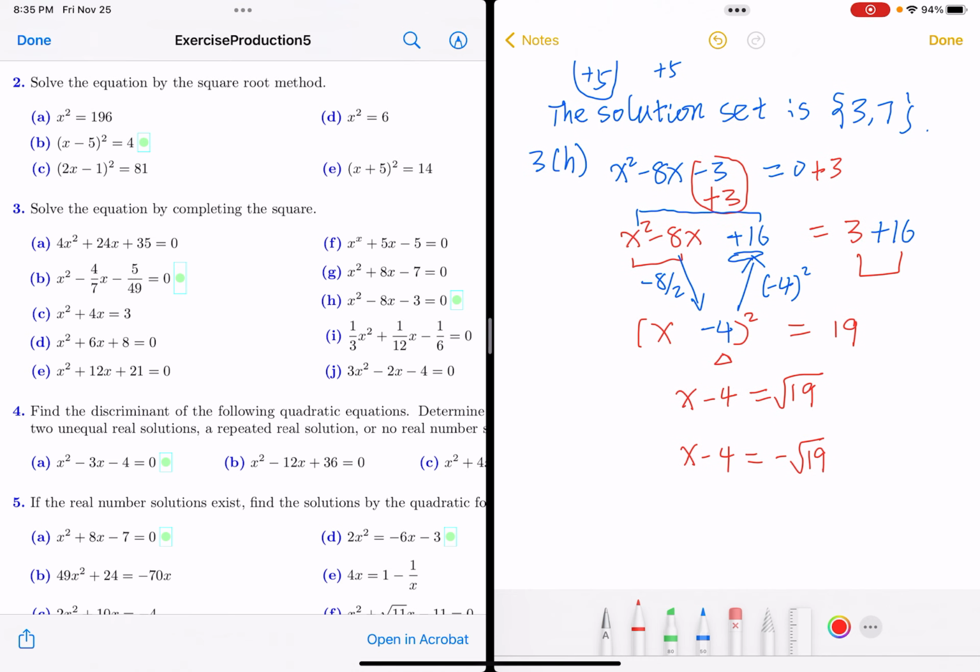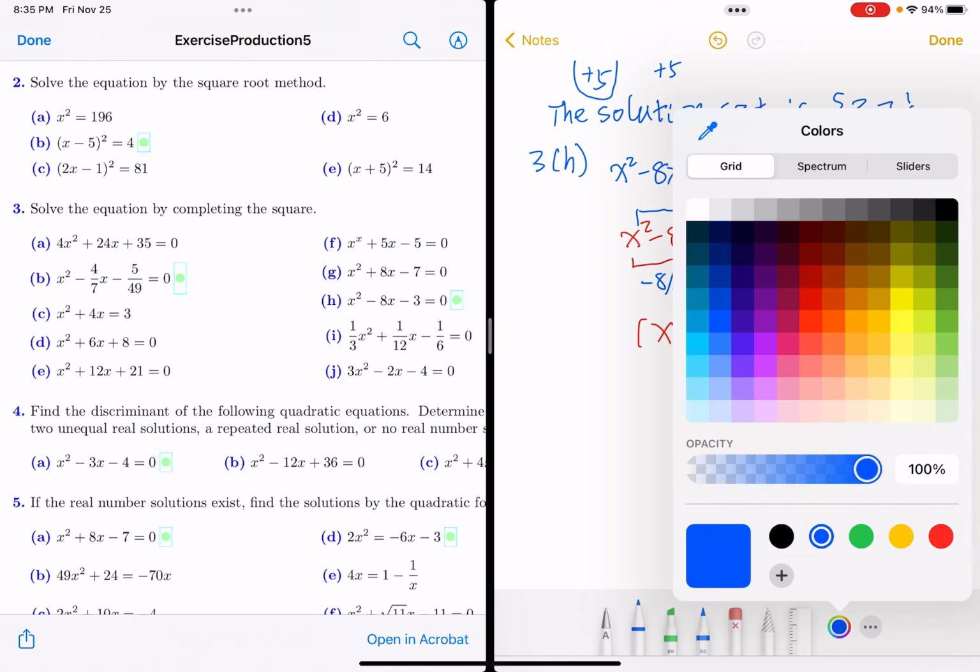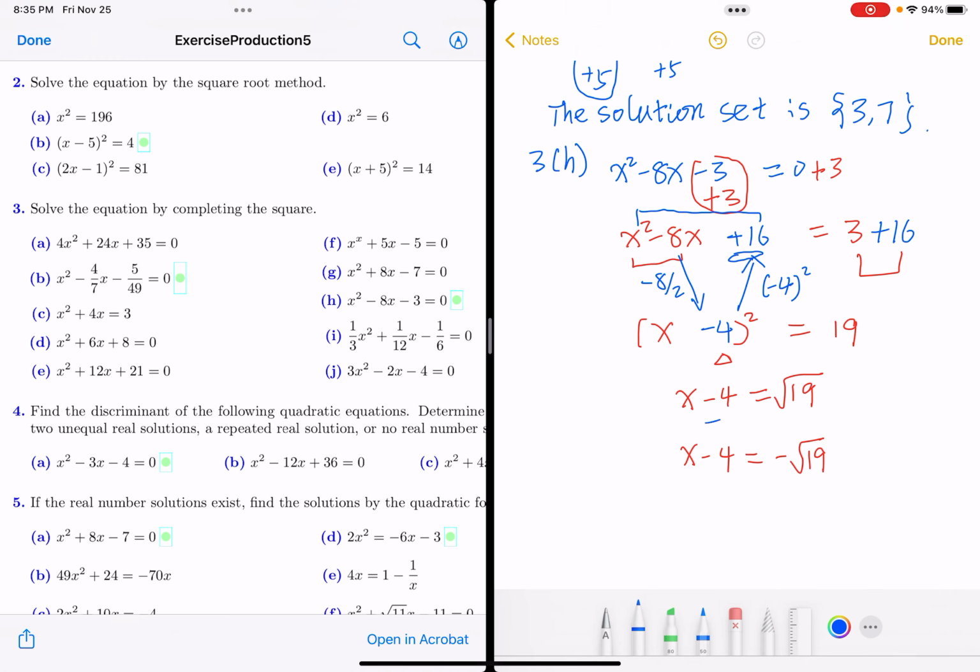If we add 4 on both sides, then these two will be cancelled. Then what we get will be x equals 4 plus radical 19.